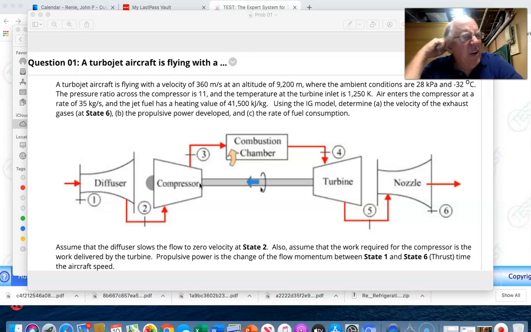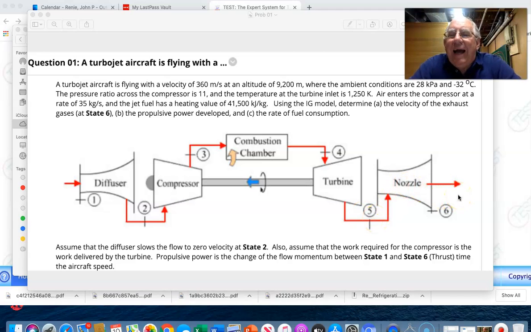And so that's going to allow us to determine what state 5 is. State 5 will again be 0 velocity, as were states 4, 3 and 2. And once we get to that state 5, we're then going to go through the nozzle.